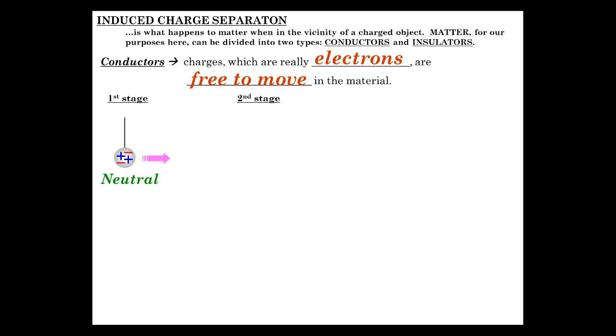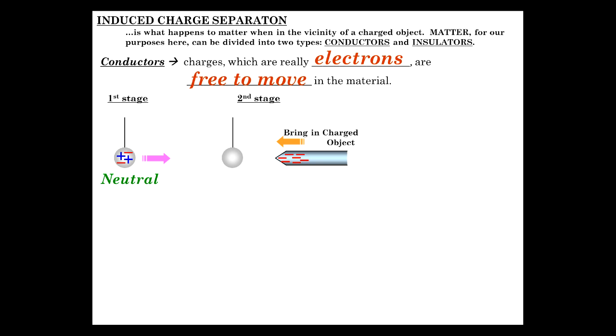In the first stage, we have this neutral conductor, and I show the presence of positive and negative charges. In the second stage, we bring our charged rod, negatively charged in this case, close, and we know that it tugs on positive charges and pushes away negative charges.